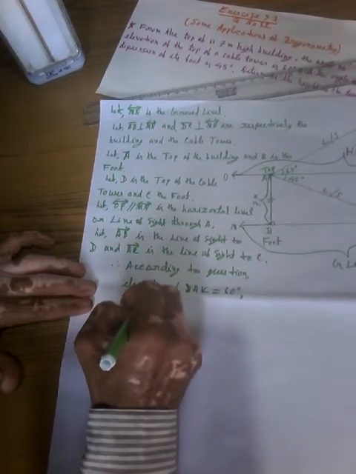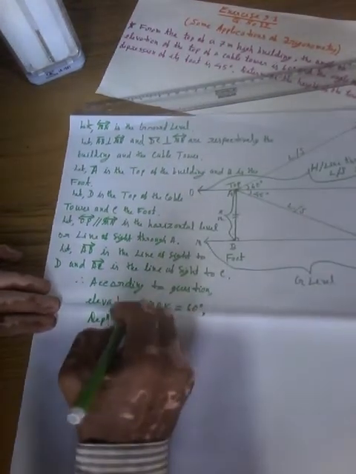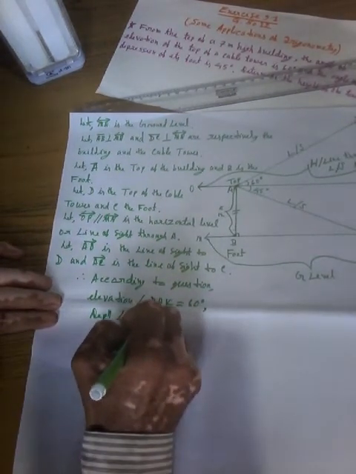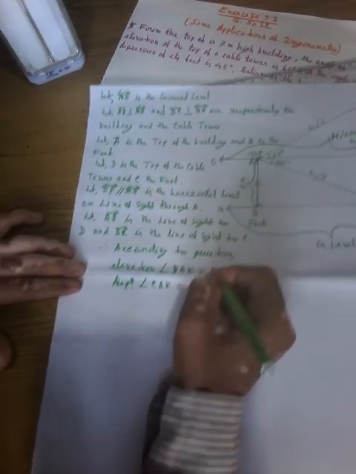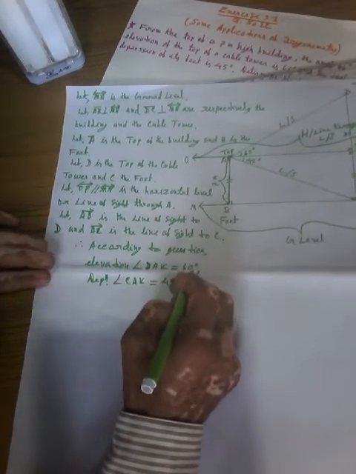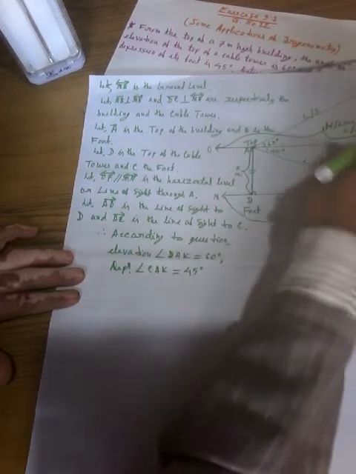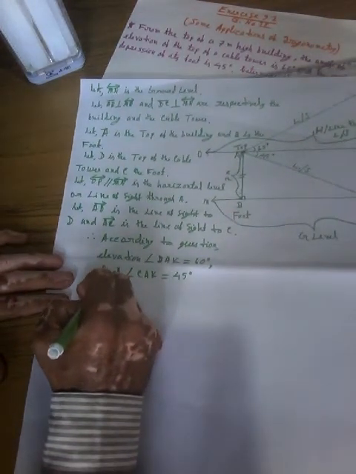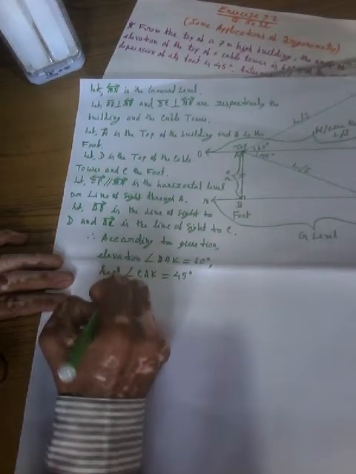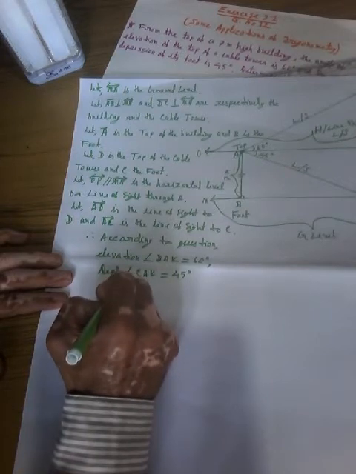Depression angle CAK is equal to 45 degrees. After this, write about the triangles.